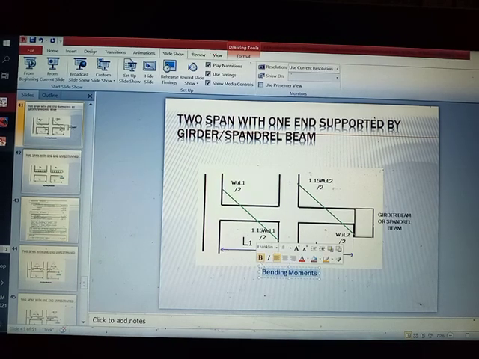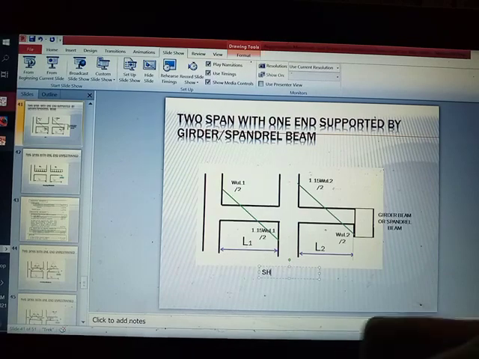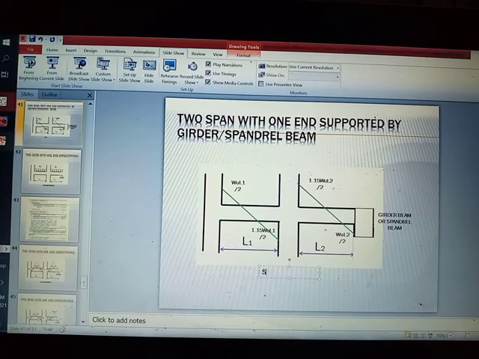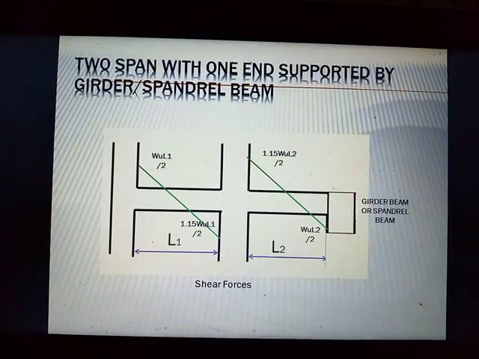Okay, so these are for the shear forces, and it's still the same. Whatever the form of your continuous beam or continuous slabs, you use the same formula, in which your first exterior support will be 1.15 WuLn over 2.